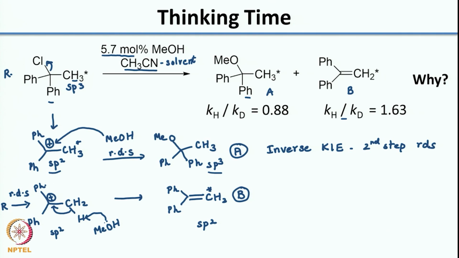This is a very nice example. So here you have a normal kinetic isotope effect because your first step is the rate determining step.